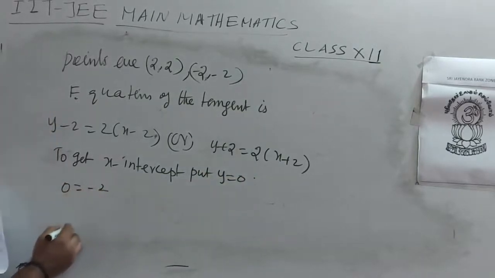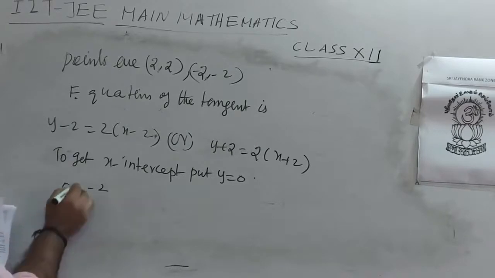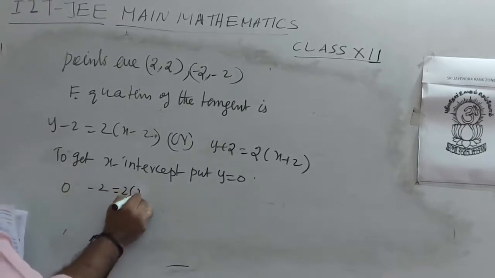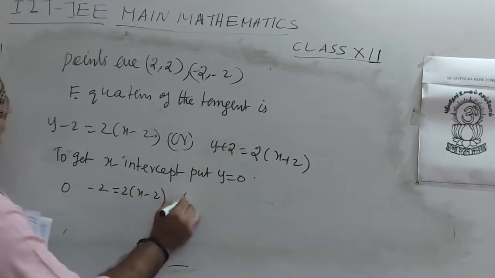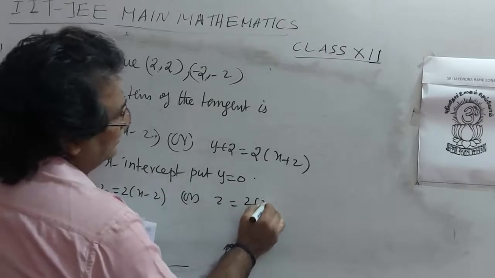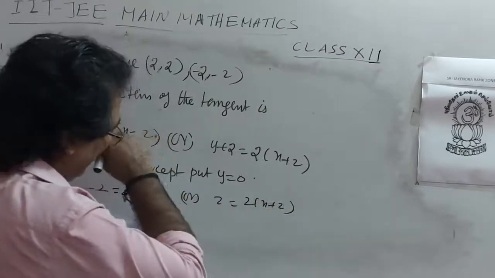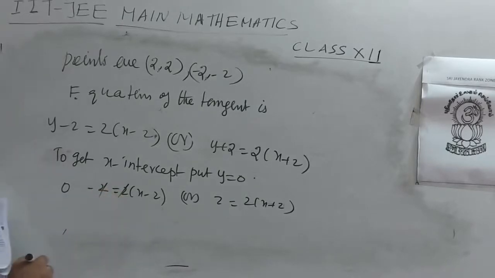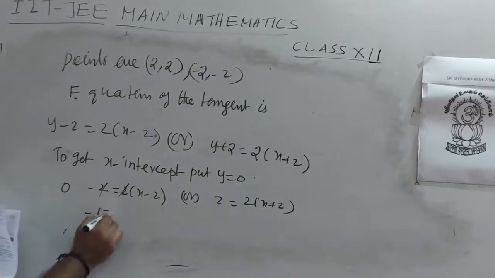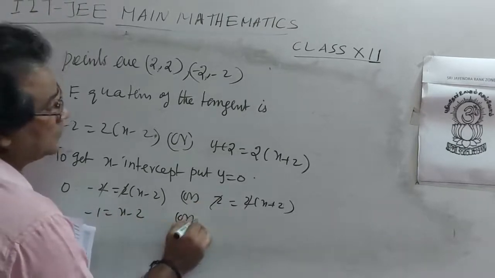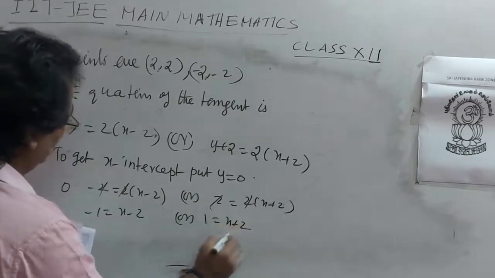Minus 2 equal to 2 into x minus 2, or 2 equal to 2 into x plus 2. This will be cancelled. Minus 1 equal to x minus 2. 1 equal to x plus 2.